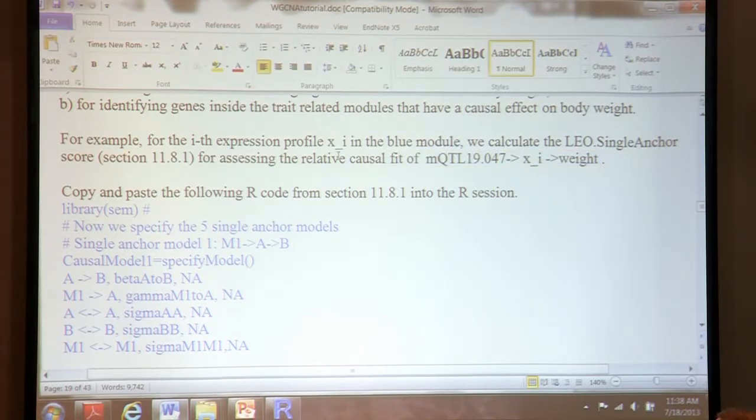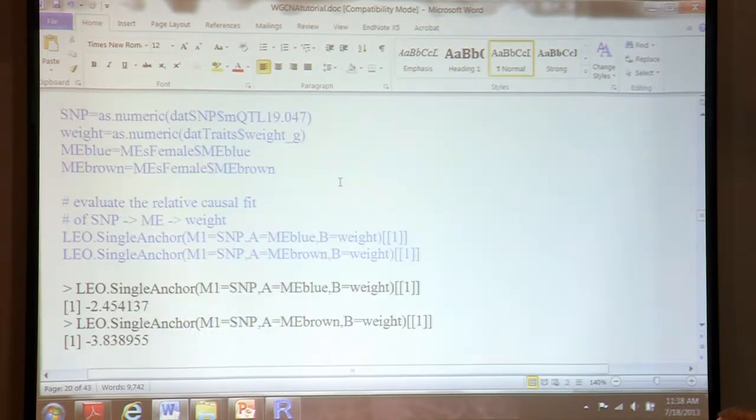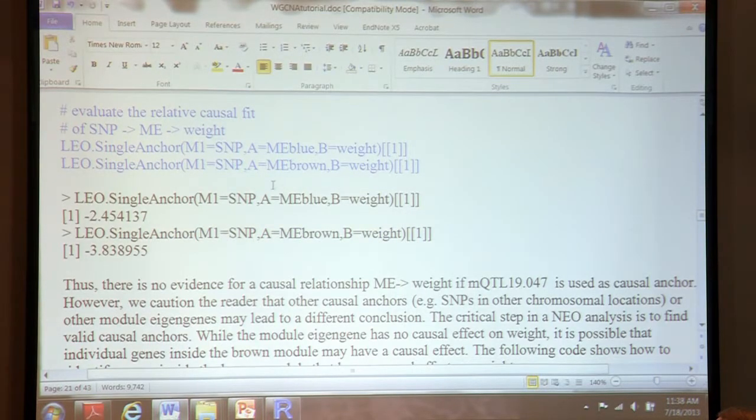To fast forward, remember one way to read the tutorial is by always looking at the output. There is an R function called LEO single anchor analysis, which does exactly what the name says. It calculates a LEO score for a single anchor, meaning a single SNP.